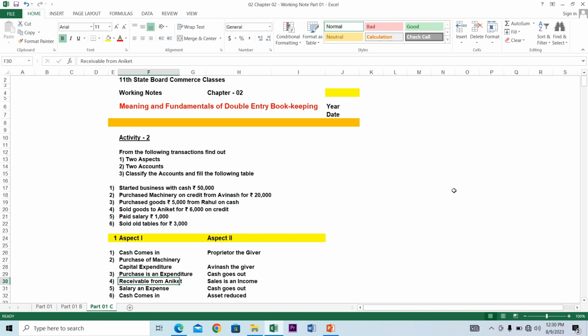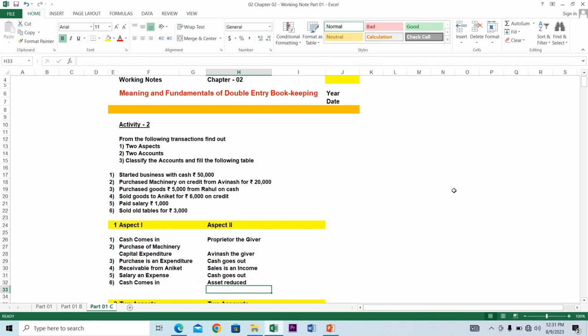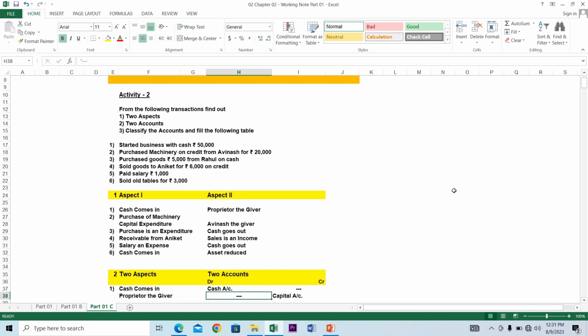Then receivable from Aniket because it's a credit sale, and sales is an income. Then aspect 1, salary is an expense, and aspect 2, cash goes out. Then sold old tables, so cash comes in and asset is reduced.